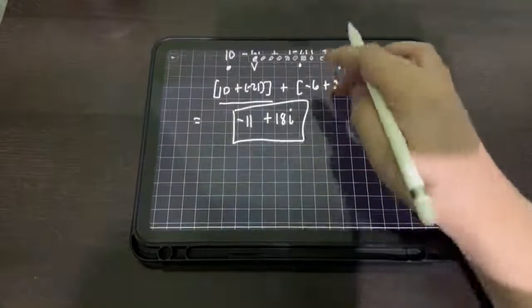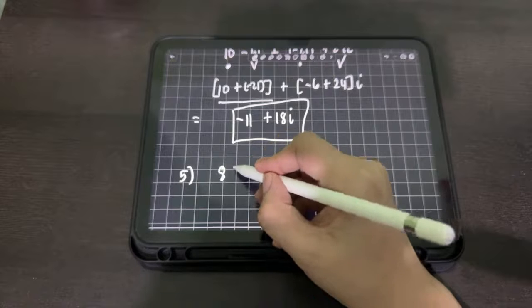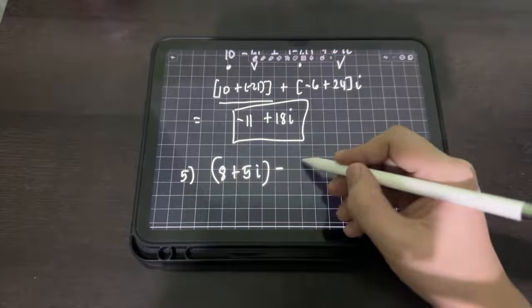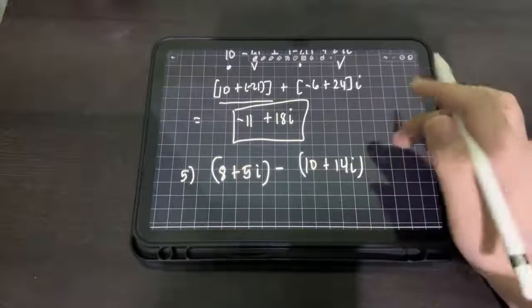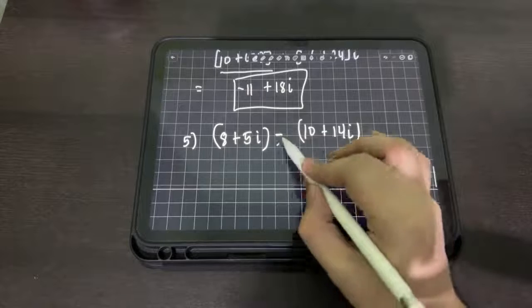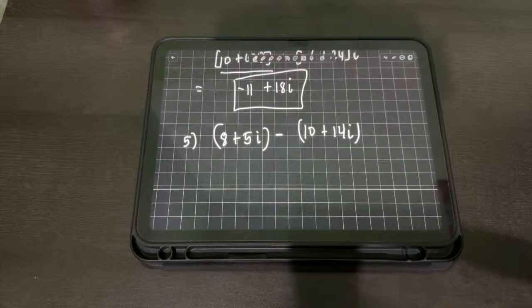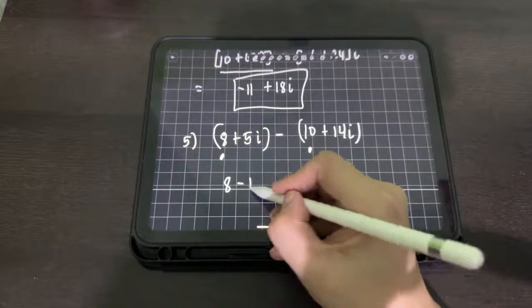Okay, next for number 5, 8 plus 5i minus 10 plus 14i. So this time we have subtraction. So we will subtract the real parts and we will subtract the imaginary parts. For the real parts, we have 8 minus 10.